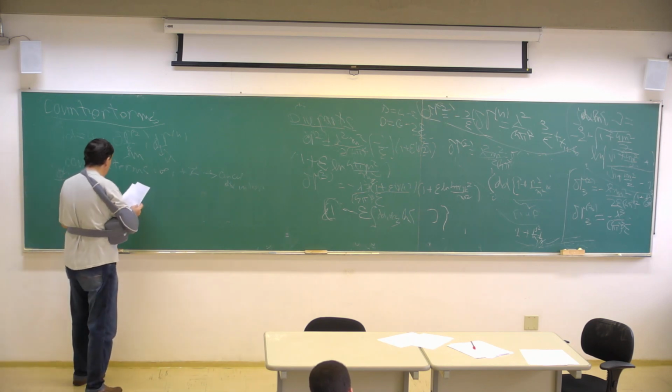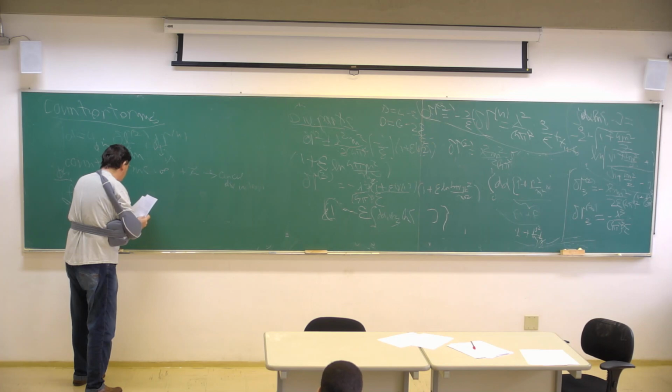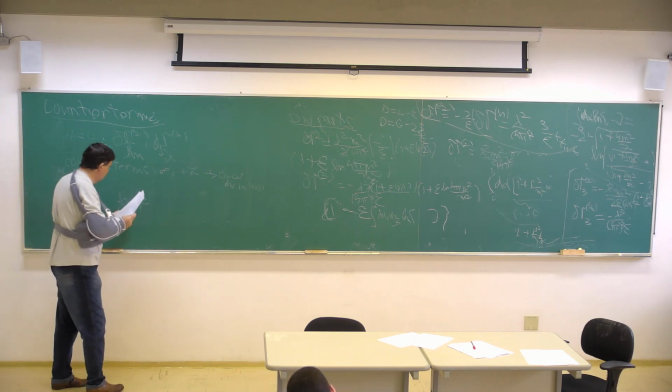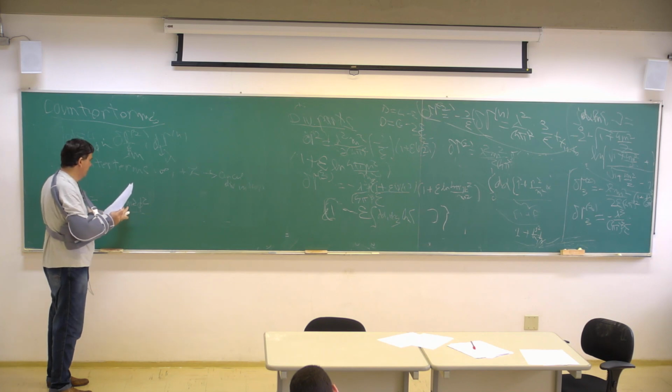For the counter term, again, you have to hide the infinity into the parameter. So the term that I'm looking at is the quadratic term with the mass in front.